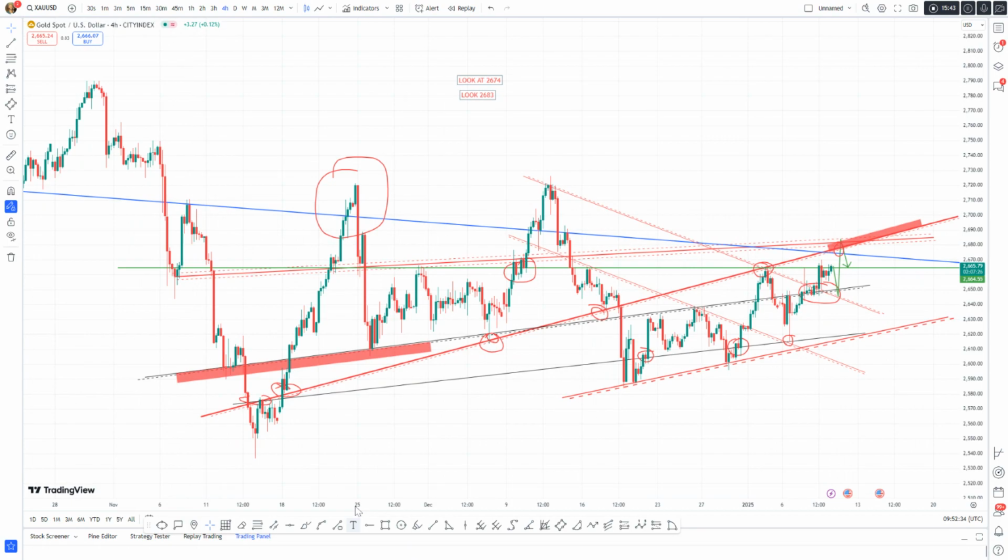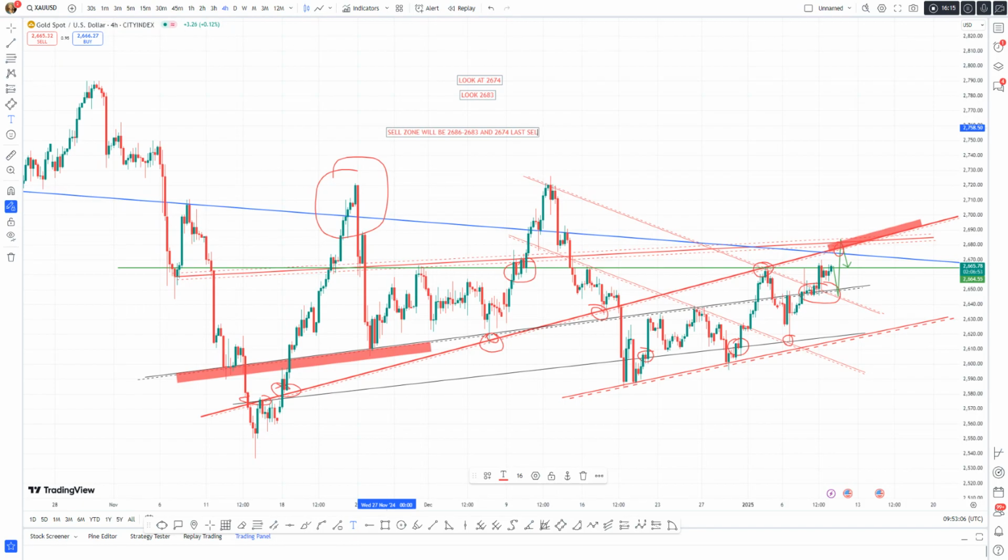So you can now say that your sell zone will be 2684, let's start 86, 26, 83, and 2674.